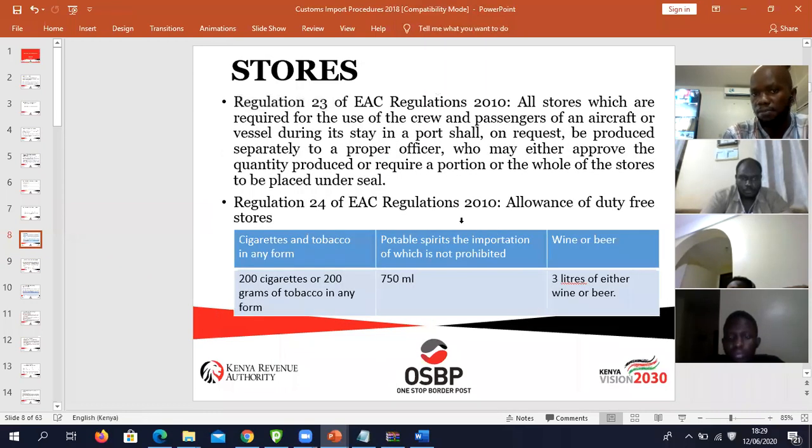The same has been captured within the PowerPoint. So I think this is easily discernible and you can easily understand what we mean by Regulation 24 of the East African Community Customs Management Regulation of 2010.